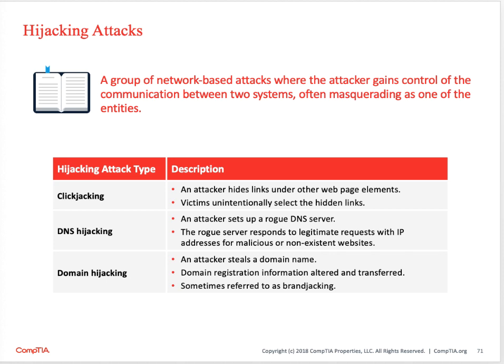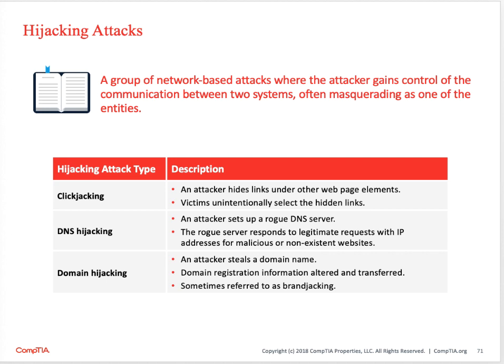If you've ever seen a pop up with the X button, but you click that X and it just makes something else pop up, that's because that wasn't the correct X. They've hidden a link under there, and maybe the X was a little bit higher up or smaller. So they tricked you into selecting that hidden link.